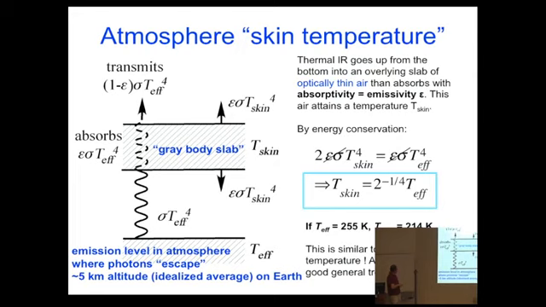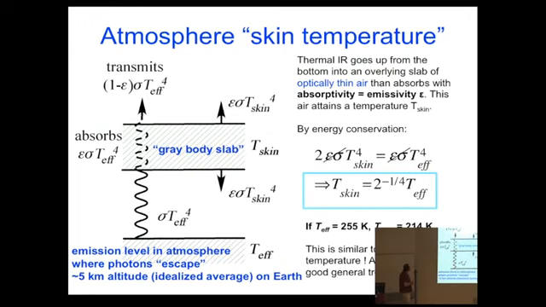And then it passes through some optically thin gas. We'll call that a gray body slab. By gray, that word just means we have one absorption coefficient across all wavelengths. Okay, so that's a gray body. And this will absorb some fraction, absorptivity, which is this epsilon, which by Kirchhoff's law is equal to emissivity.